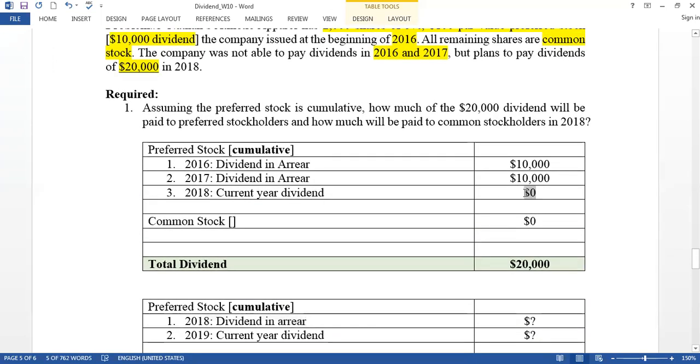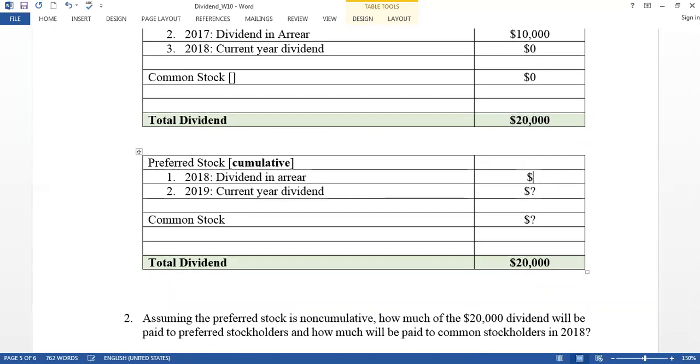Because here you should receive $10,000, but you did not receive any dividend because company cannot pay you more than 20. So here you are going to receive 10,000. Then current year 10,000, common stock 0, right? If I change the number here to 18,000, then 10,000 here and 8,000, right? Something like this. This is the story you have to remember.